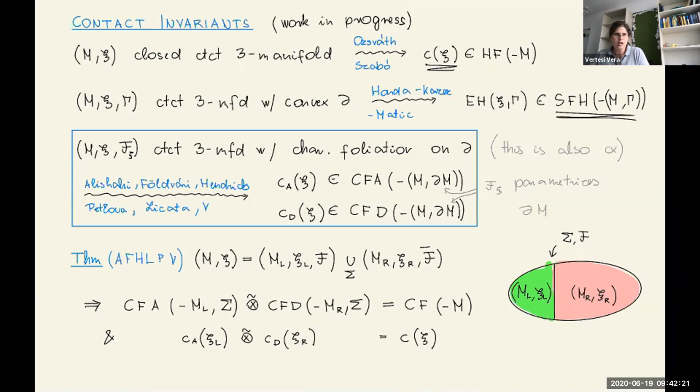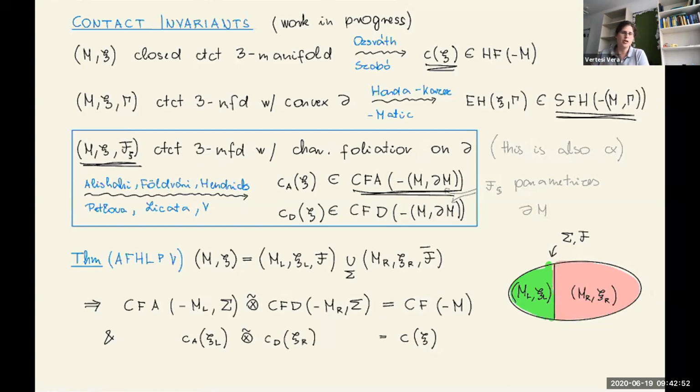And then what we are doing is that we are trying to define this for three manifolds with a given foliation on the boundary. These are still convex, but there is this extra information on the foliation, and we are trying to define it in bordered Floer homology. So when we are saying bordered Floer homology, we have to have a parametrization of the boundary surface, and this parametrization is secretly given by the foliation.